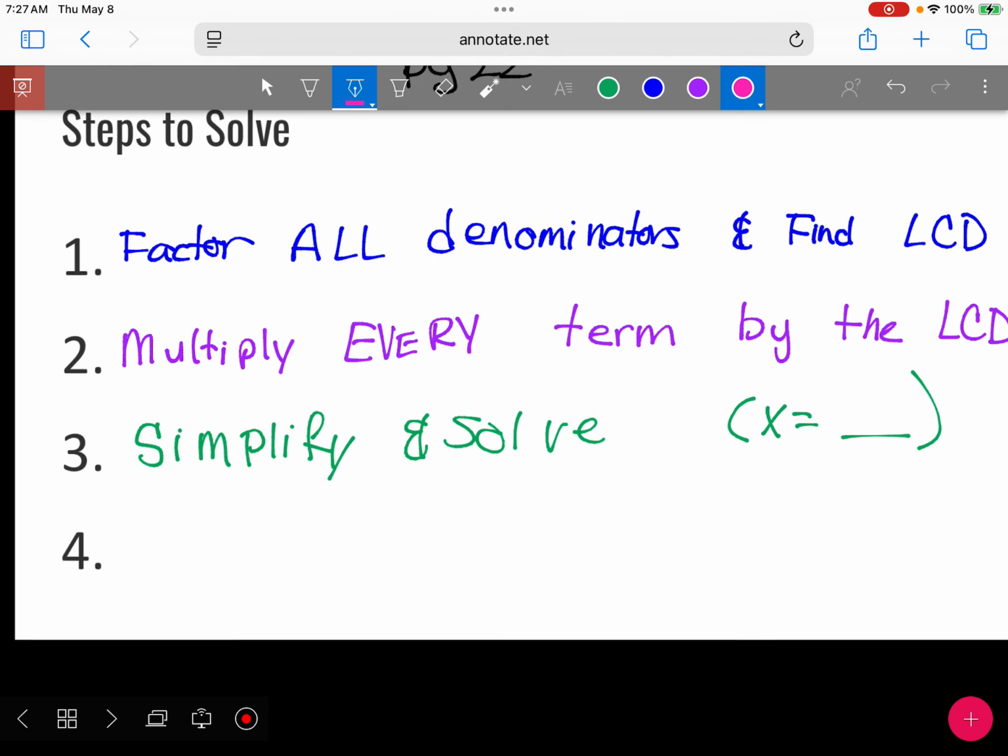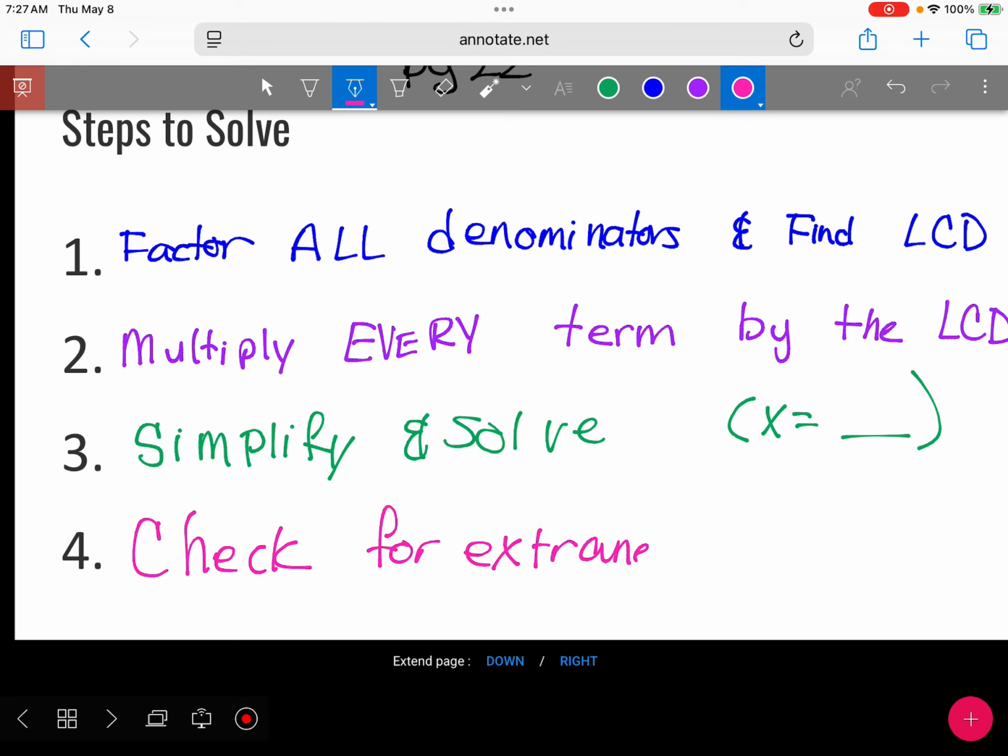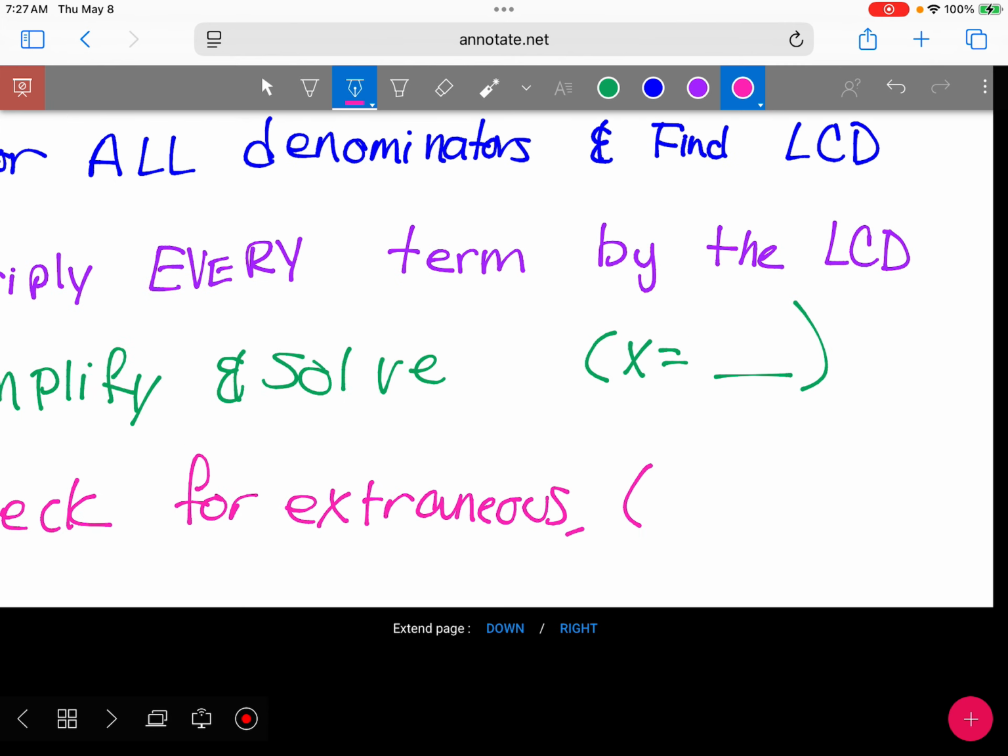And our last step, step number 4, is going to be to check for extraneous solutions. Things will be extraneous if the denominator is 0.